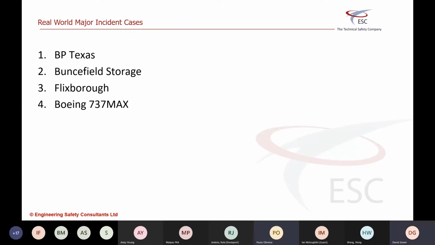Buncefield Storage, no fatalities, but one of the biggest process safety incidents in the history of the process industry. Flixborough, the explosion which caused some fatalities, widespread damage, and ended up shutting down the site. And the odd one in, which is Boeing 737 MAX, the issues with the actual stall control.